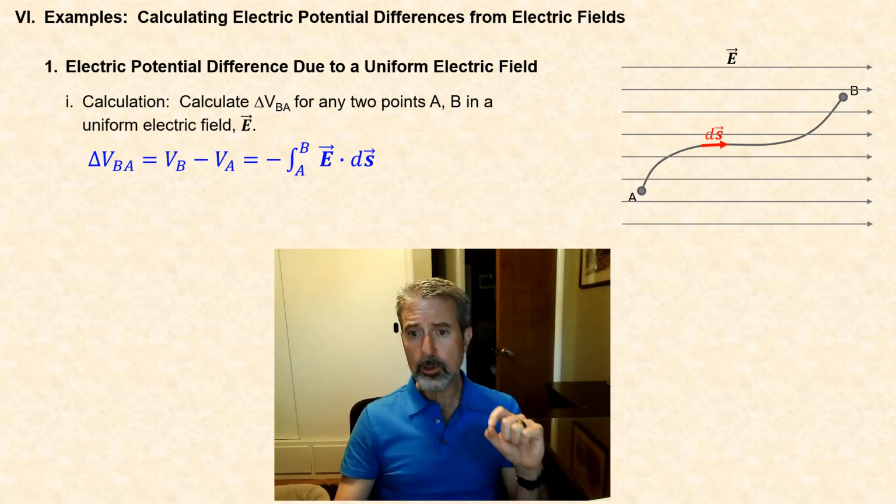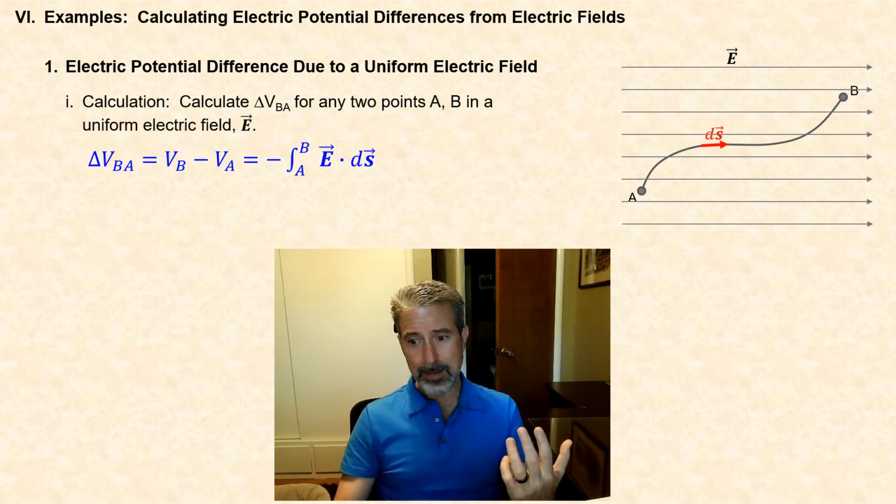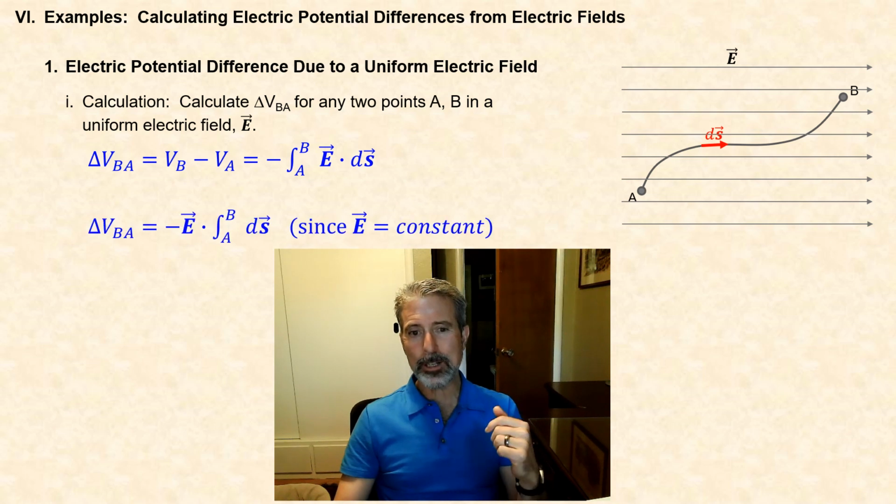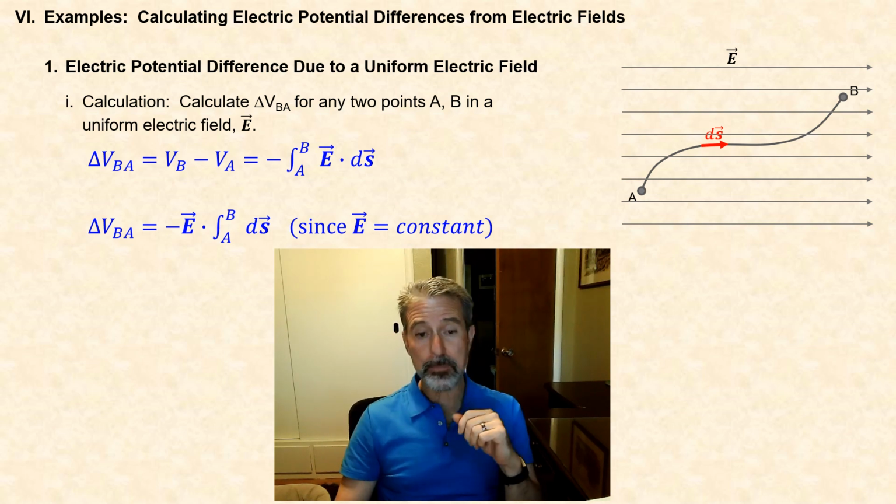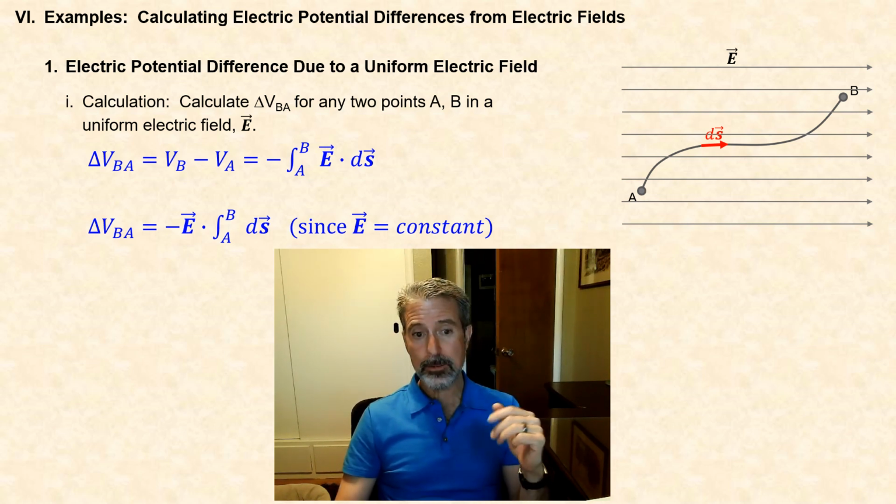Because the electric field is constant, anytime you have a constant within that integral, it can be taken outside of the integral. So the electric field and the dot operation are taken outside, and what we're left with in the integral is simply summing up all of these displacement vectors.